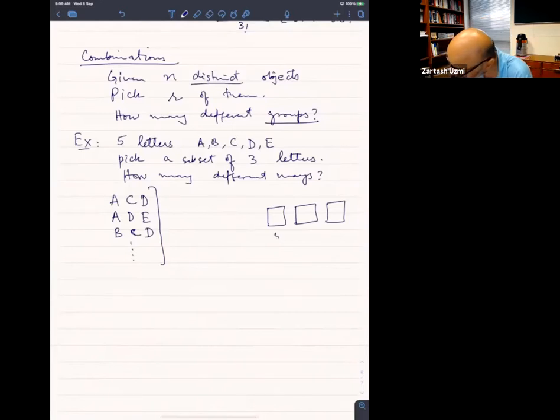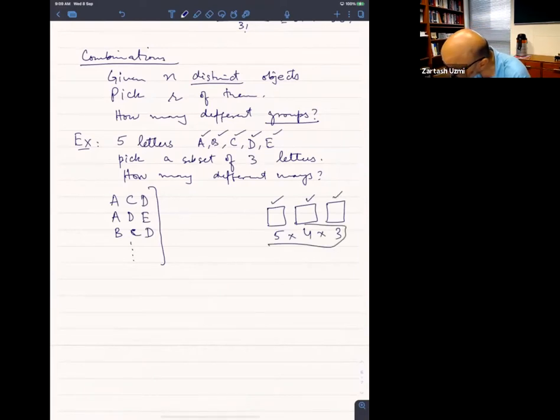There are 5 possibilities to fill the first box. I don't know whether A will come or B or C or D or E, one of those 5 will come here. There are 5 different ways I can fill the first box. Given that I have filled the first box, now I have 4 different possibilities to fill the second box and 3 different possibilities to fill the third box.